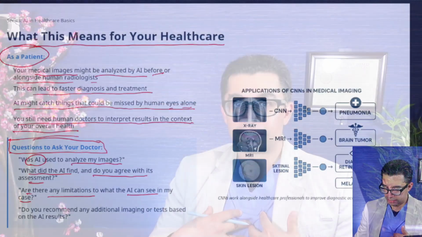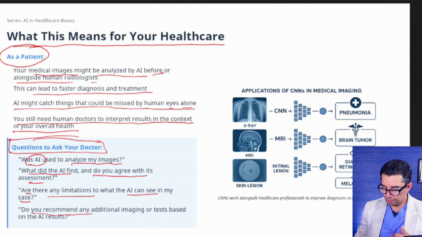So every test has its degree of importance, its benefits and its limitations. Down the line, we will need to know the strengths of this model. Patients may ask us, do we know about this, and how does that relate to my particular situation? And then follow up: do you recommend any additional imaging or tests based on the AI results?